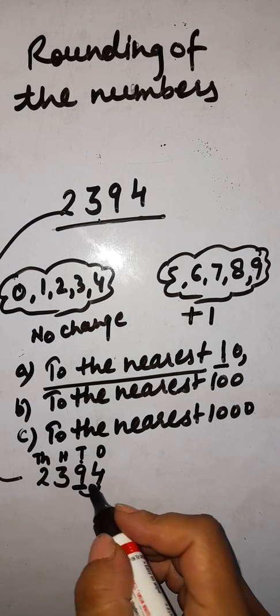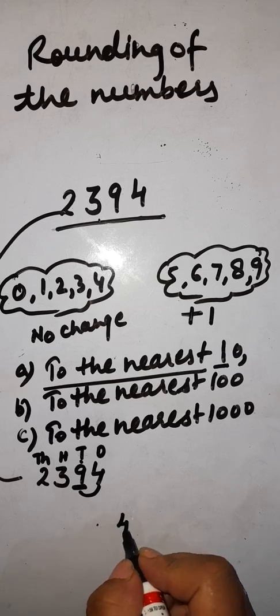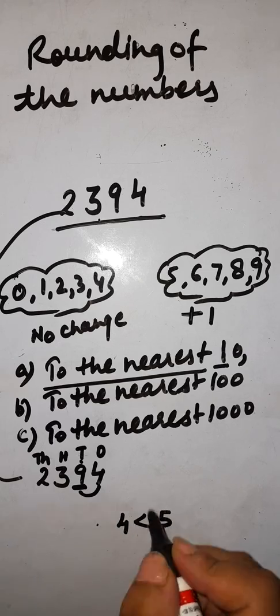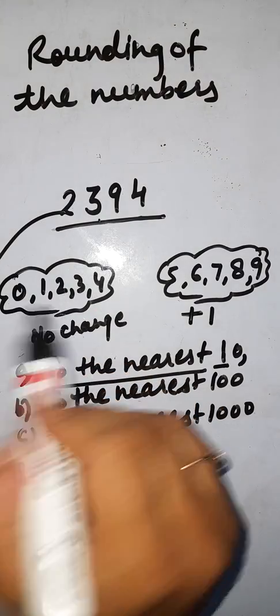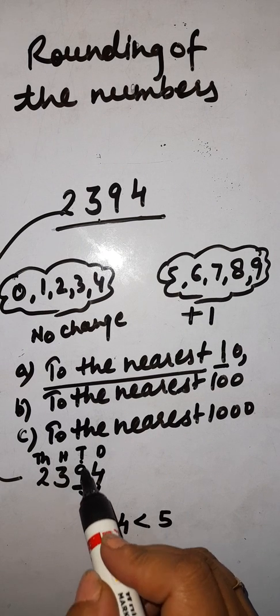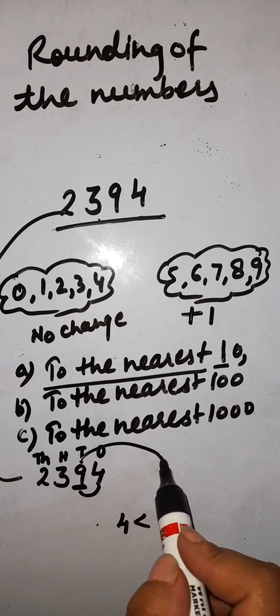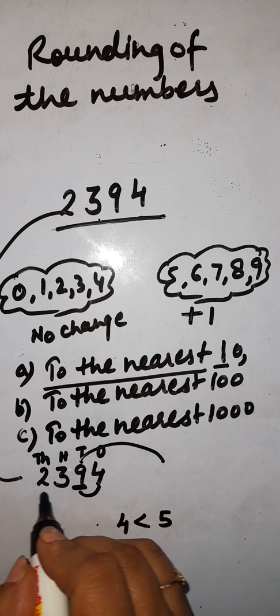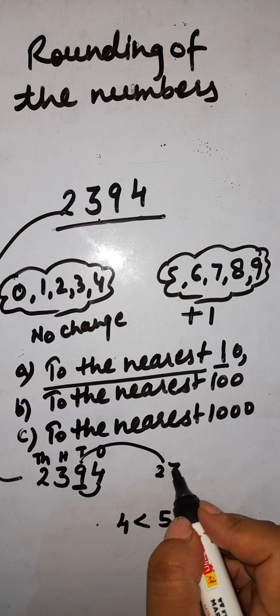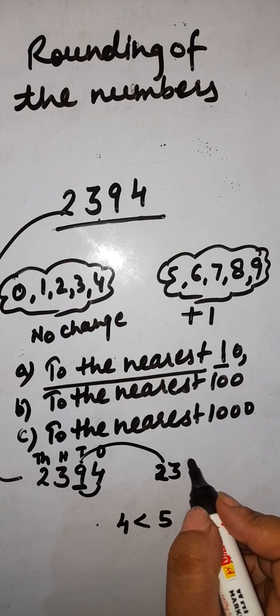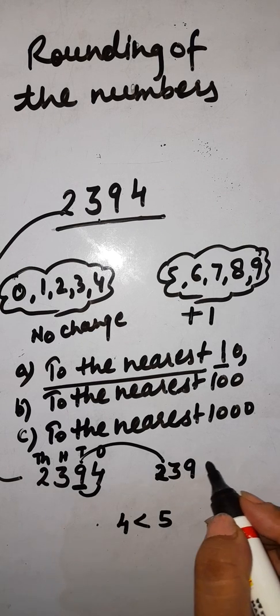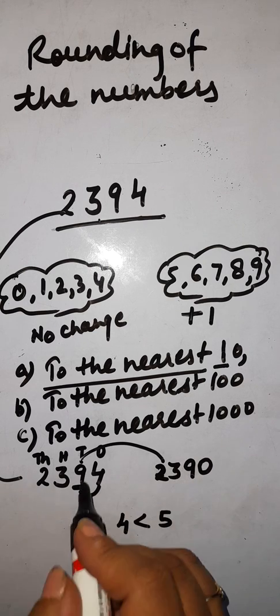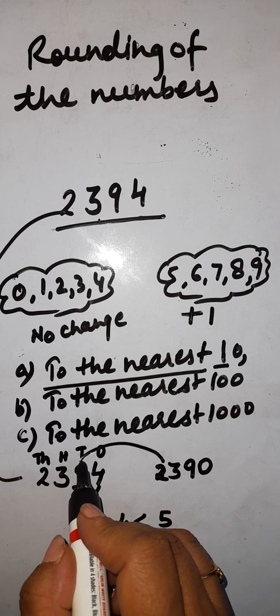Now children, 4 is smaller than 5. So 9 will not change. It will remain here. 9 change नहीं होगा. So we will write the whole number, 2, 3 and 9 will remain here. And 4 will convert into 0, because 9 is in the tens place.